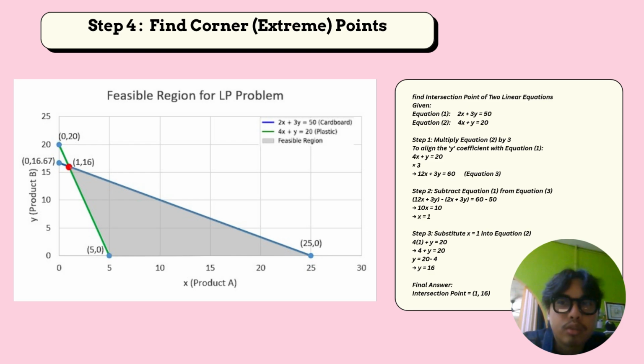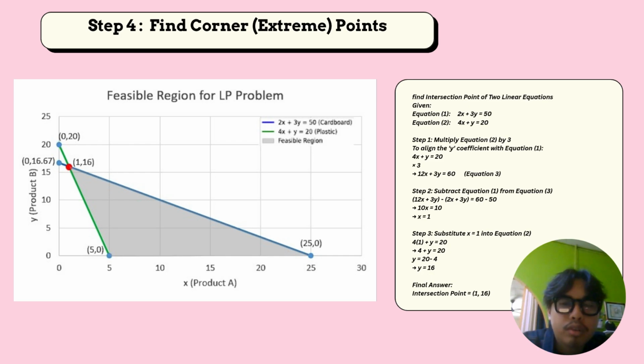Then we subtract the first equation from the new one: in brackets 12x plus 3y minus in brackets 2x plus 3y equals 60 minus 50, which simplifies to 10x equals 10, so x equals 1. And then now we substitute x equals 1 back into the second equation.